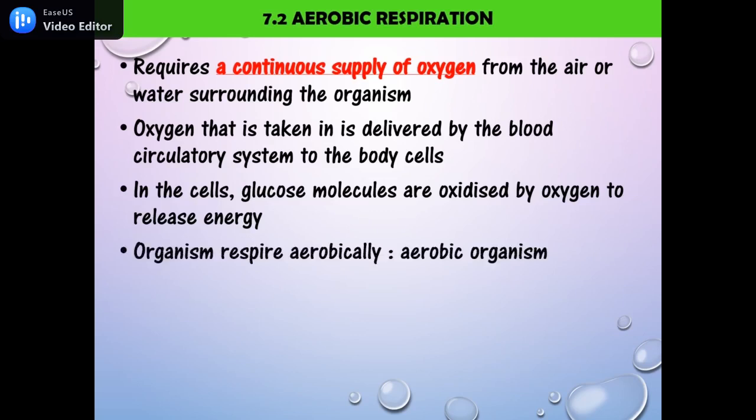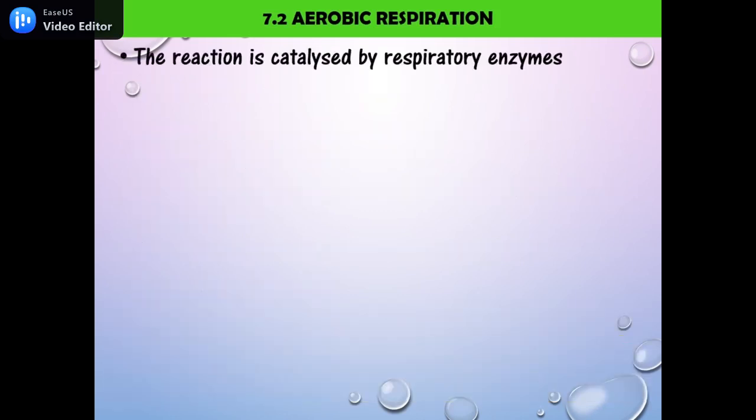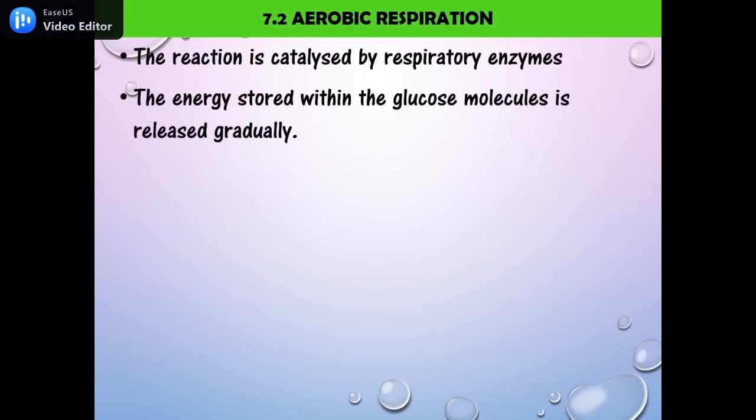Organisms that respire aerobically are aerobic organisms. It occurs in mitochondria. Glucose plus oxygen releases carbon dioxide, water, and energy. The reaction is catalyzed by respiratory enzymes. The energy stored within the glucose molecule is released gradually.